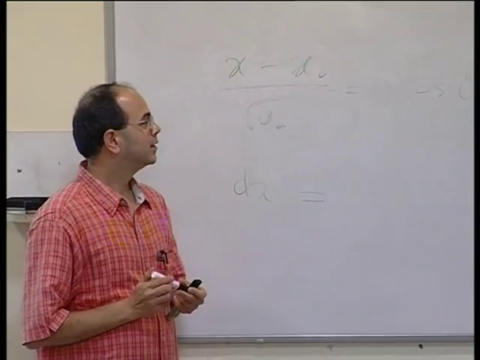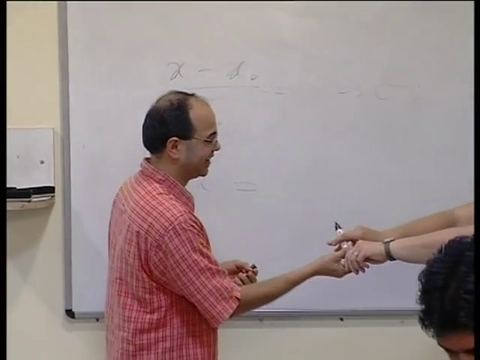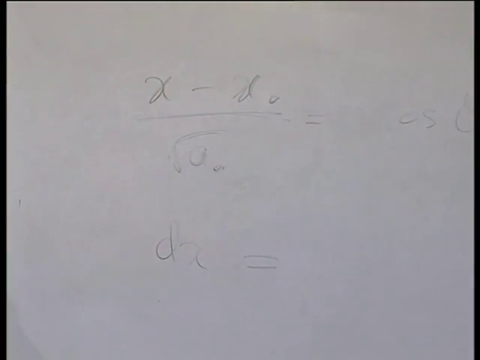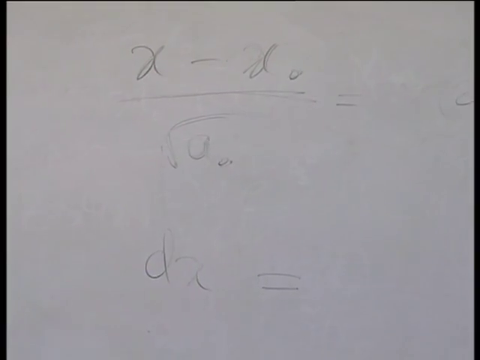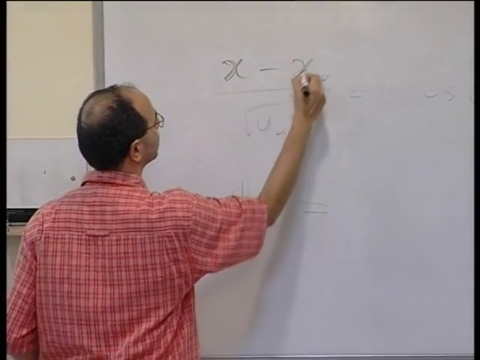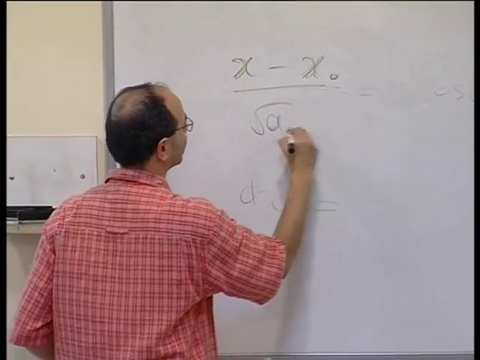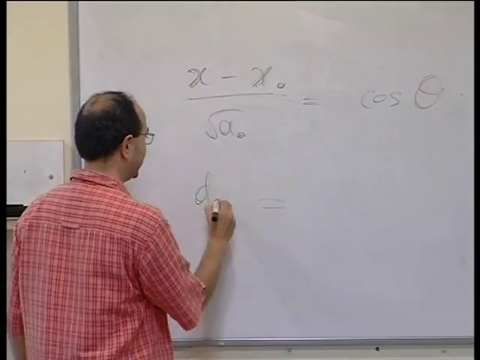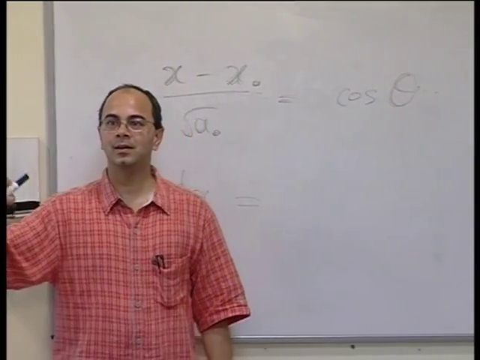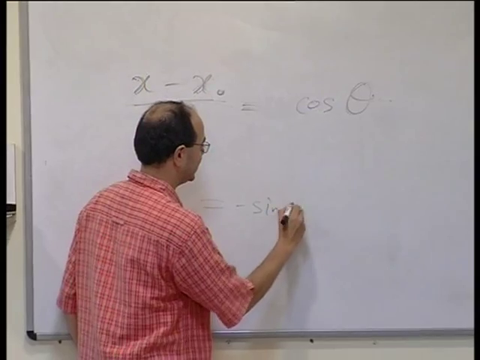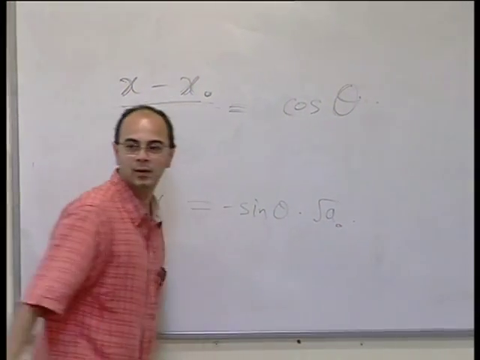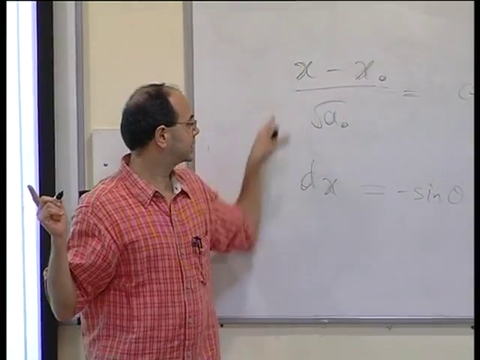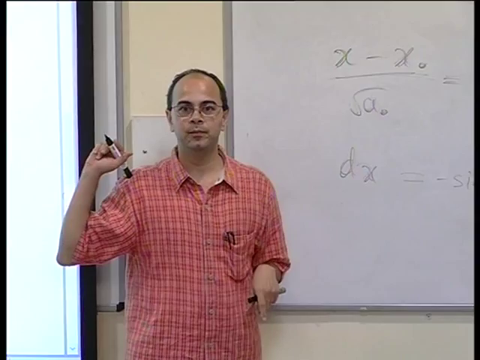Okay, so this term that's in the denominator, the square root, is... and what's dx? Okay, thank you. Minus sine theta times square root of a0. So if you substitute this and that in that integral, what do you get?